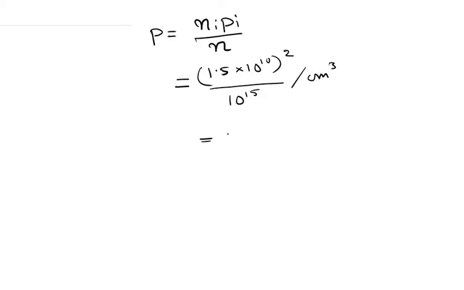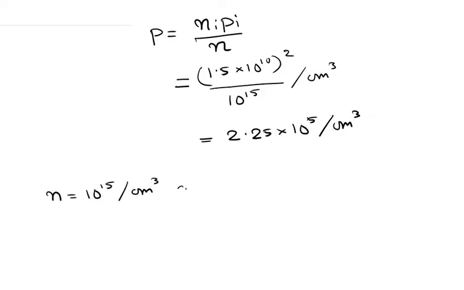So it gives me 2.25 × 10^5 per cm³. So we have N = 10^15 per cm³ and P = 2.25 × 10^5 per cm³.